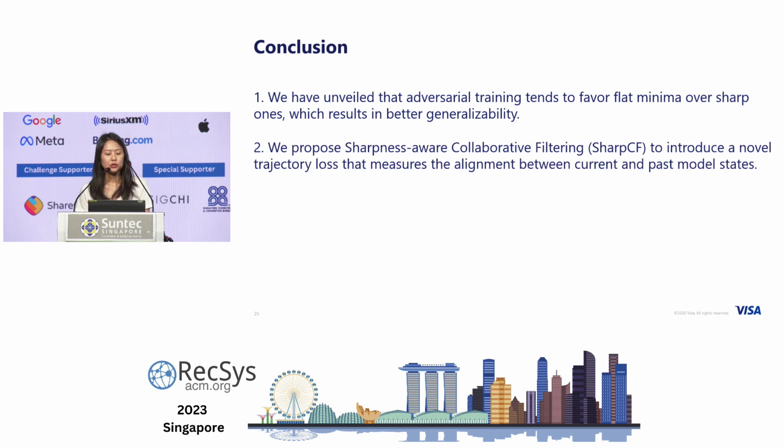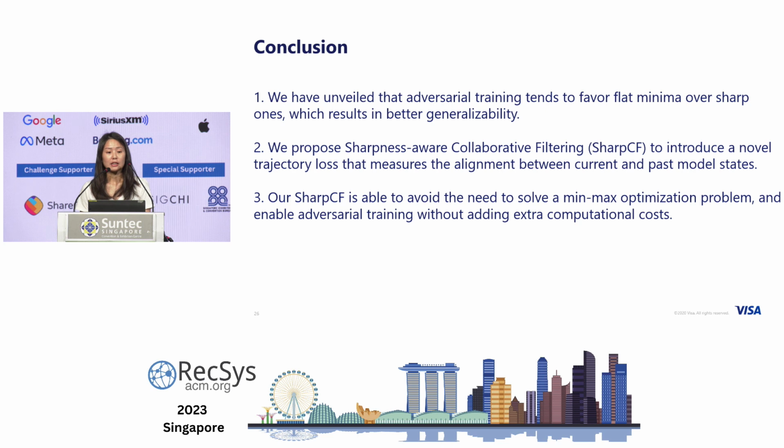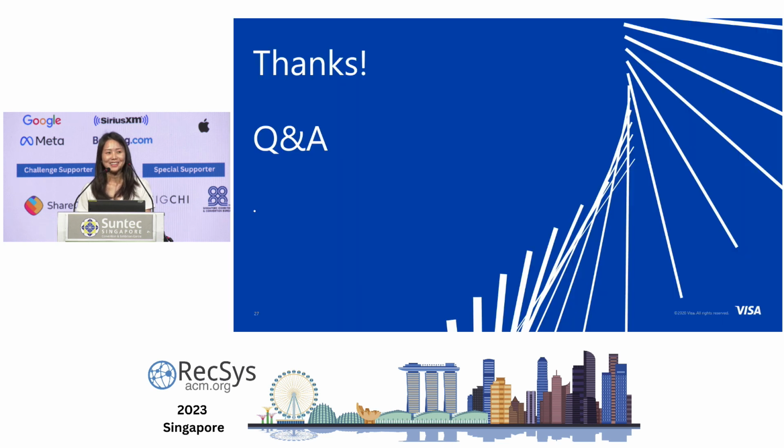Secondly, we proposed the sharpness-aware collaborative filtering to introduce a novel trajectory loss that measures the alignment between current and past model states. And lastly, it's able to avoid the need to solve a min-max optimization problem and enable adversarial training without adding additional computational costs. Thanks for listening to this talk.